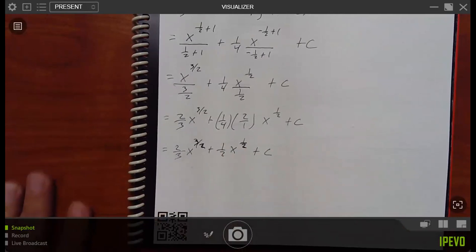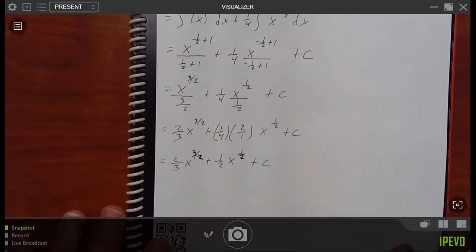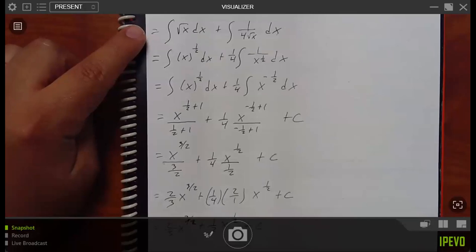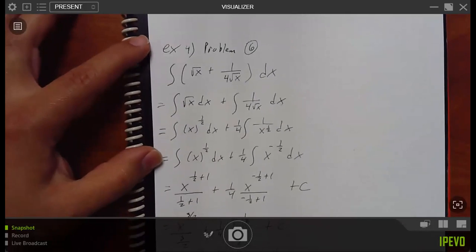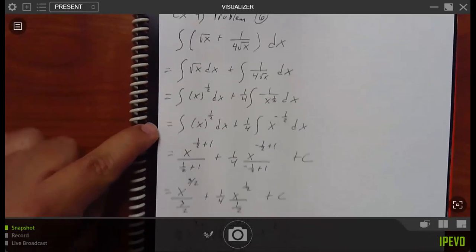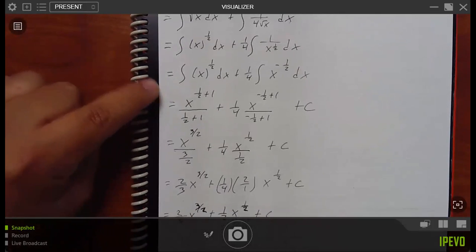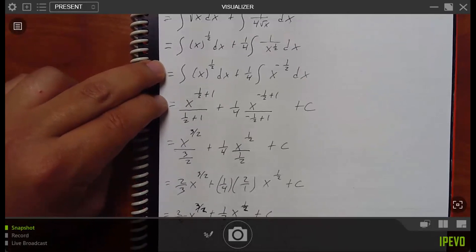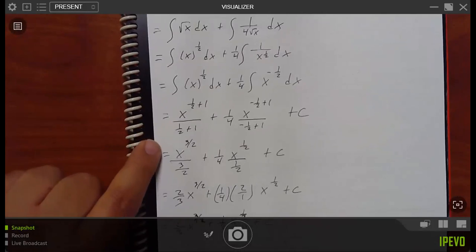Okay. Any questions on the steps? You see how we applied it? All the first half of it is just setting it up, just doing some algebra to prepare. From here to here is the actual integration. After that, we're doing more algebra.